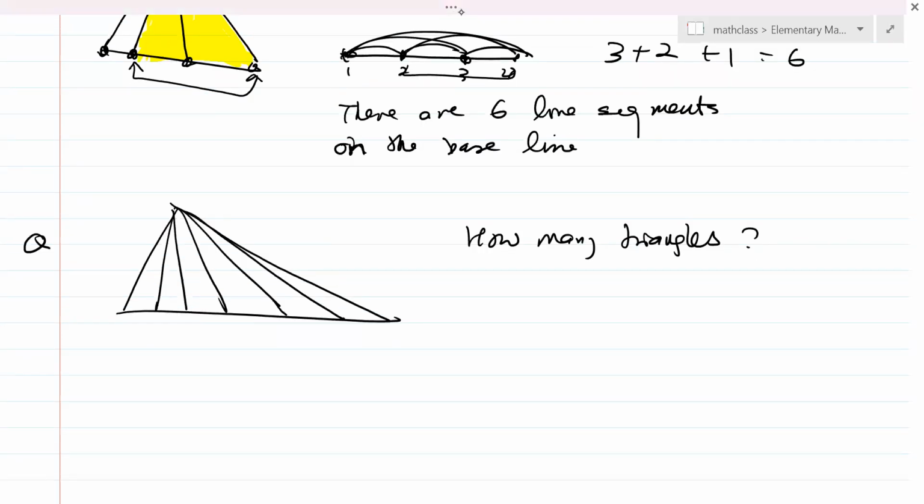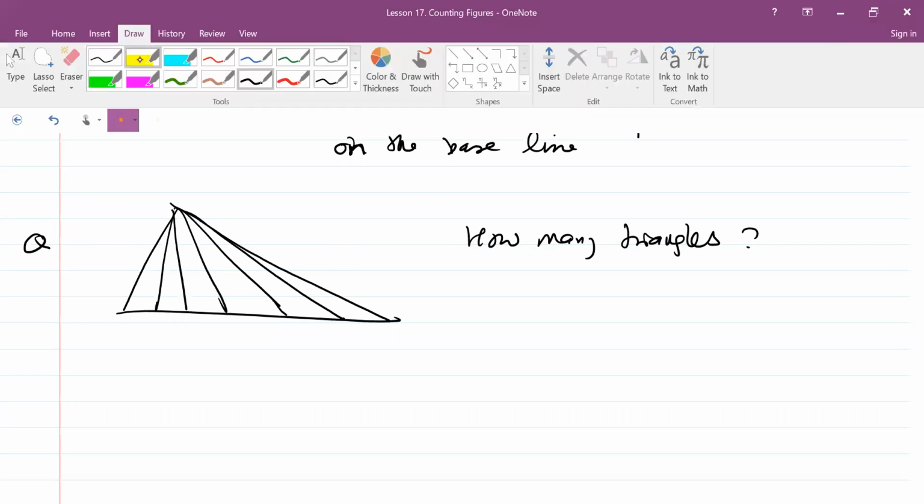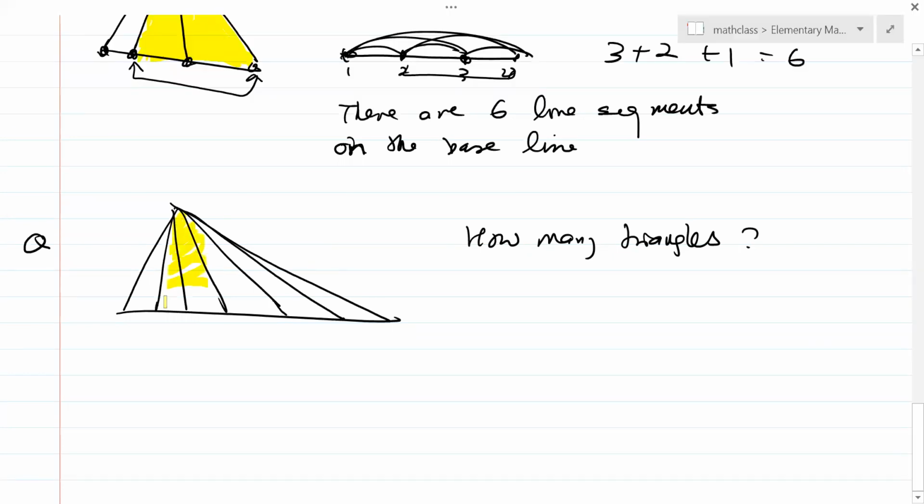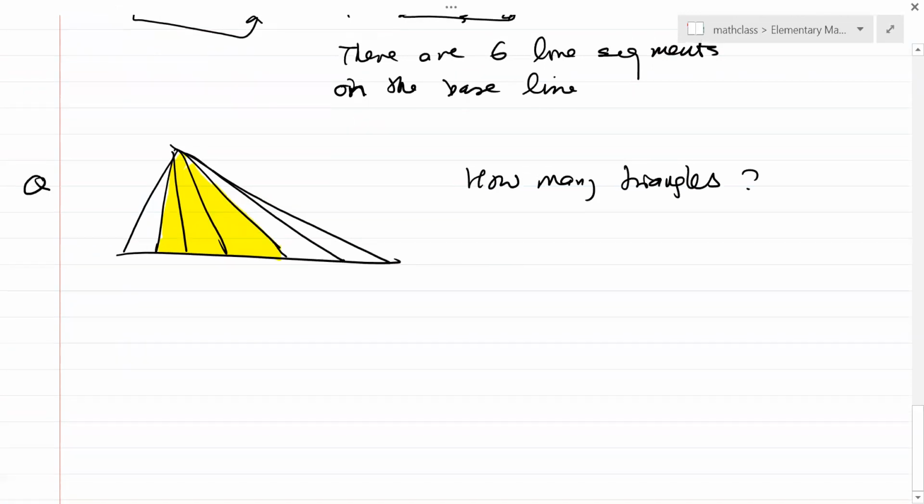As I told you, let me draw a typical triangle. A typical triangle could be like this. So we have one.